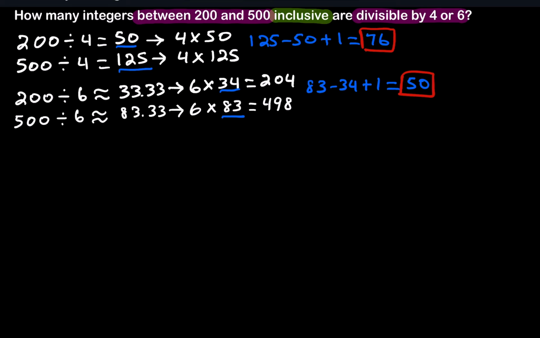We're going to do the same thing by taking 200 and dividing it by 12, because our ultimate goal is to remove any multiples that do not belong. 200 divided by 12 is approximately 16.67. We are going to round up, so that our first multiple here is 12 times 17, which gives us a product of 204.